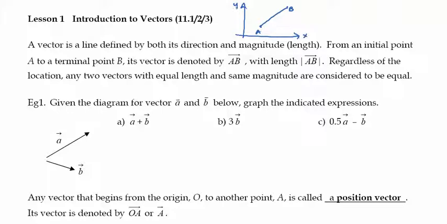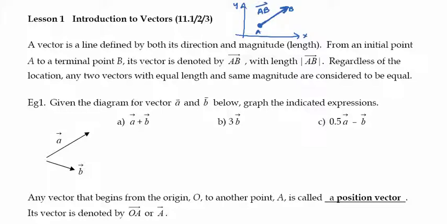Let's say I have a line going from A to B. Then this line going from A to B in this particular direction can be expressed using vector AB.